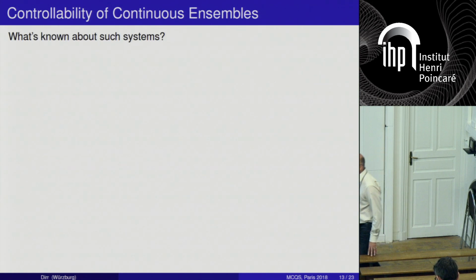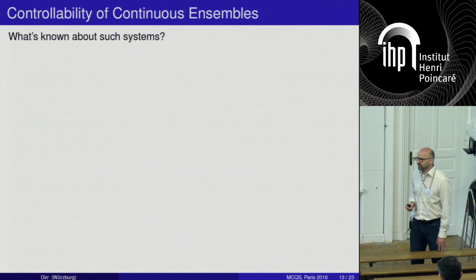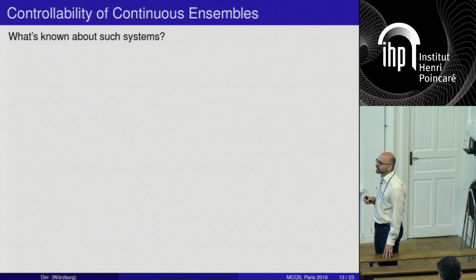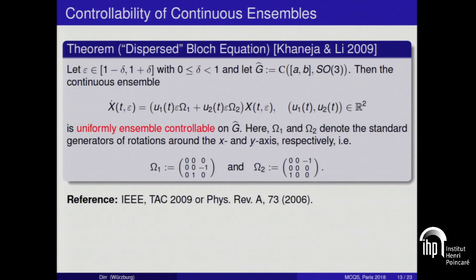Okay, so what is known about these systems? There is not that much known about such systems. There's a bit more known for linear systems of this type, but for the bilinear case, I know only a few results. This one is the one I was talking about before by Navin Khaneja and Glaser and Brockett, and they proved that for this ensemble, the parameter is epsilon, and epsilon is varying in this compact interval here.